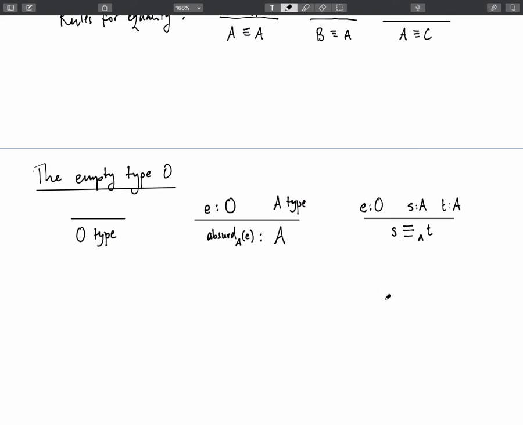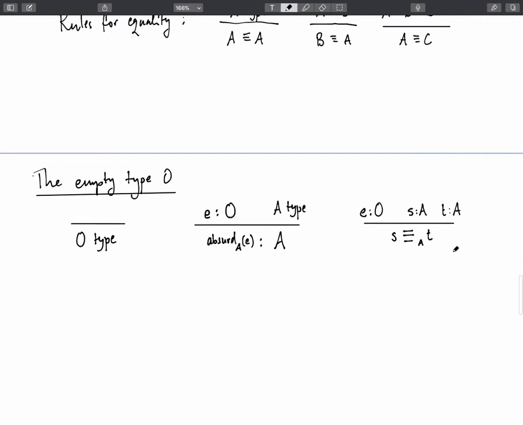Is this second judgment also an equation for the empty type, or does it just follow? No, these together axiomatize the empty type. I'm writing down things, I'm postulating them, I'm stating what holds. So we also need the third one. The first two are not enough.